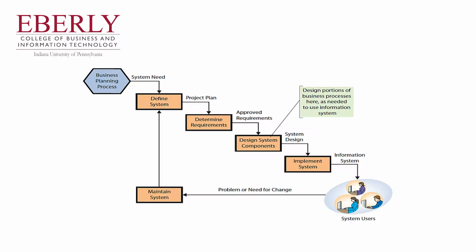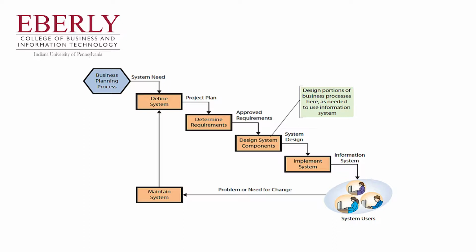Over time, users will find errors, mistakes, and problems. They will also develop new requirements. The description of the fixes and new requirements is input into a system maintenance phase. The maintenance phase starts the process all over again, which is why the process is considered a cycle.